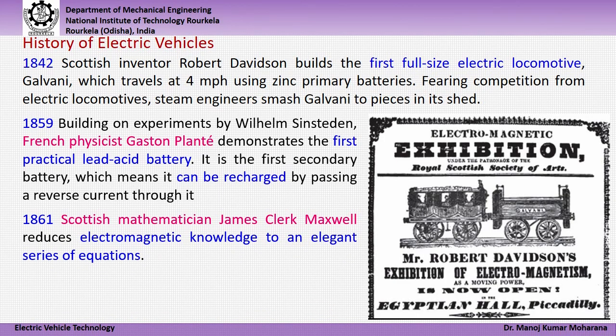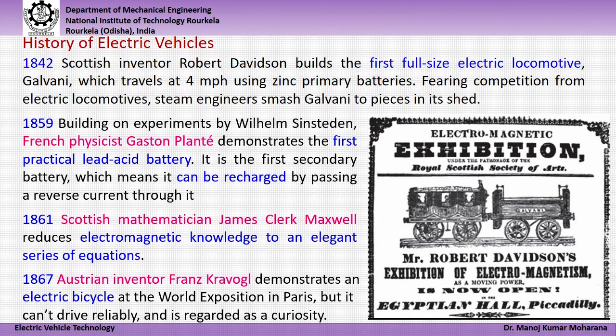In the year 1861, Scottish mathematician James Clerk Maxwell reduced electromagnetic knowledge to an elegant series of equations known as Maxwell's equations, which later helped to do the mathematical analysis of electromagnetism.